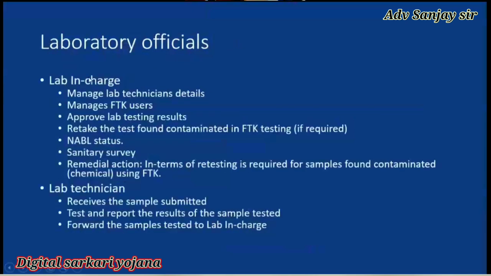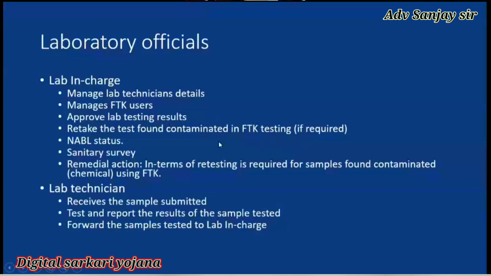Then laboratory officials. There are two types of roles in laboratory officials: lab in charge and lab technician. Lab in charge manages lab technician details, manages FTK users, approves lab testing results, and retakes the test found contaminated in FTK testing if required.